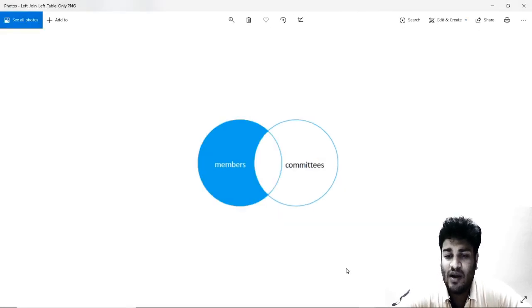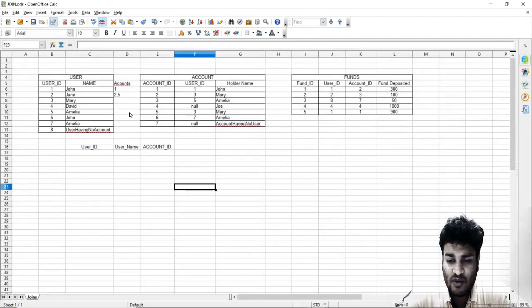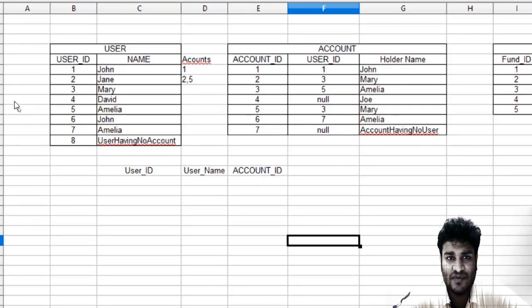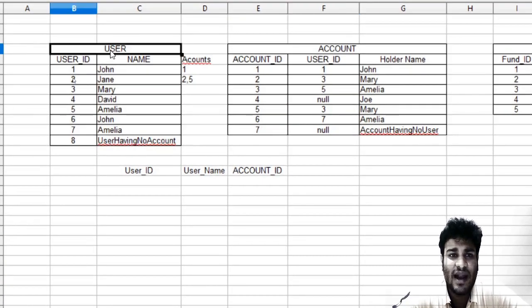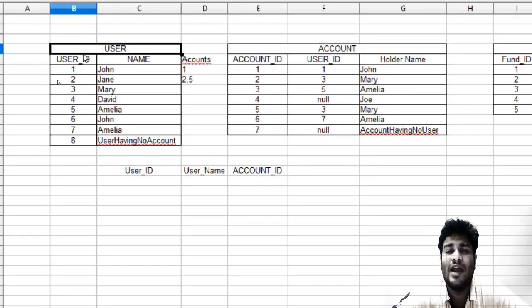Now, to get a deep understanding of this, let us go back to our Excel sheet and see how exactly the left join works. So when we say we have a user table left join account table on user ID, again, left join, right join, and inner join all three should have a criteria over which the join is performed.